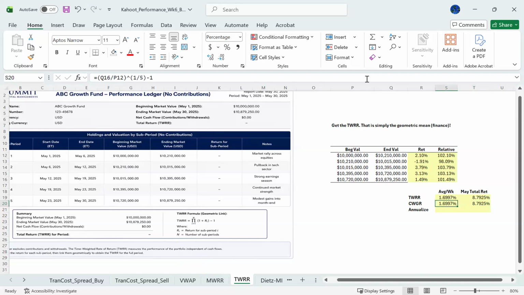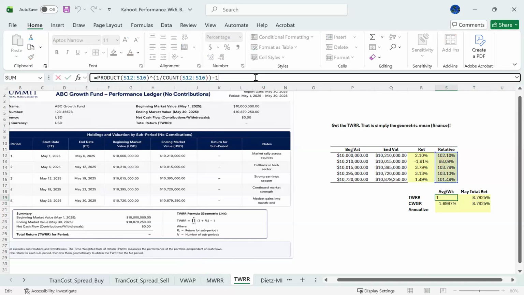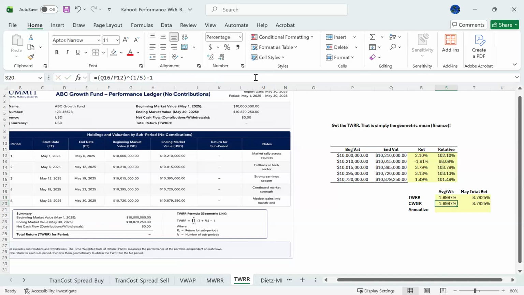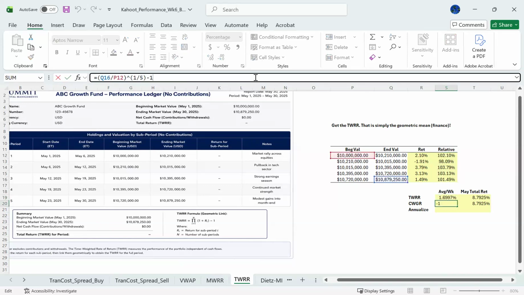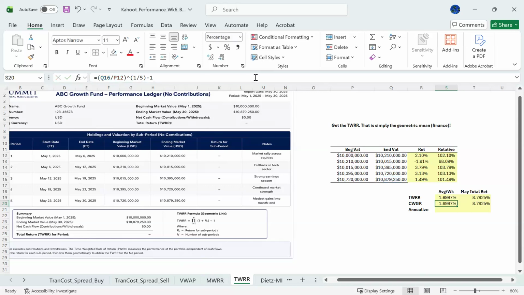And for the average, if we're looking at the time-weighted rate of return, it is the product of all the price relatives to the power of 1/5, the fifth root, -1. And for the compounded weekly growth rate, if we think about weeks instead of years, it is the ending value divided by the beginning value to the power of 1/5 -1. Okay. And now we can, of course, annualize these values once we have gotten to this point.